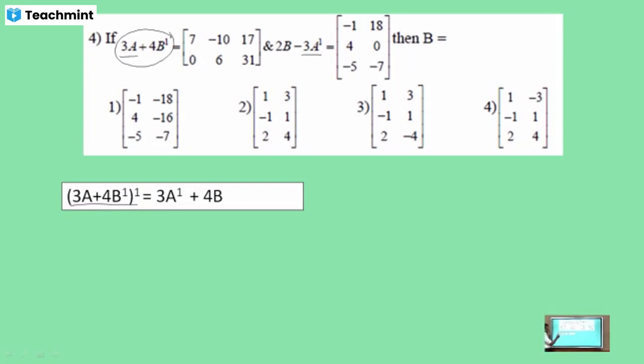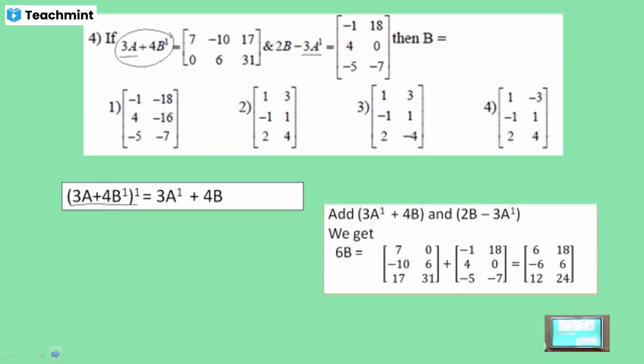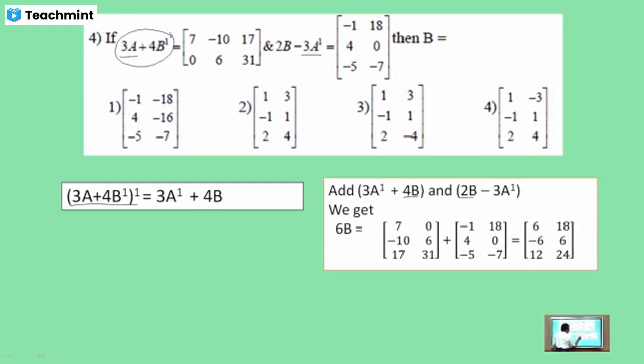A transpose, B transpose is always the matrix B. What happens in the next step? Add this to the second matrix, so that we get 4B plus 2B equal to 6B.